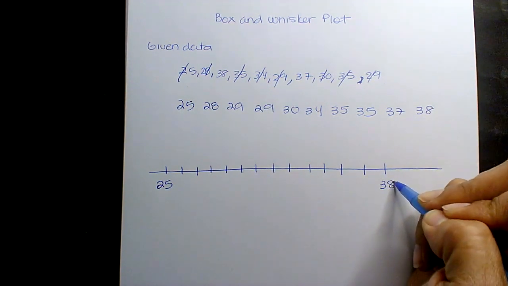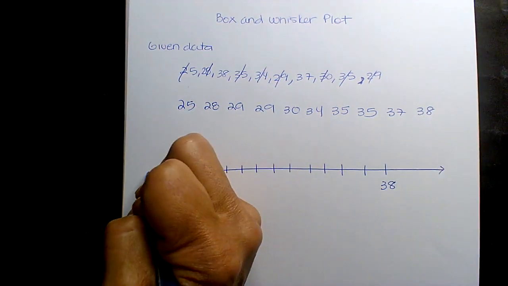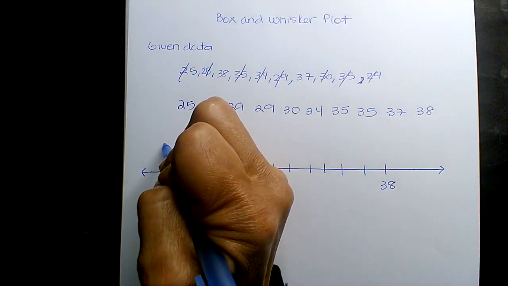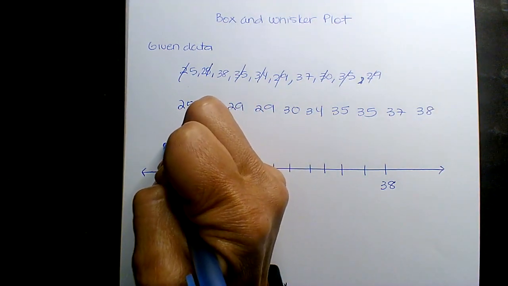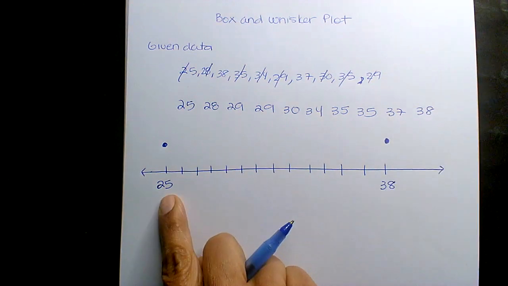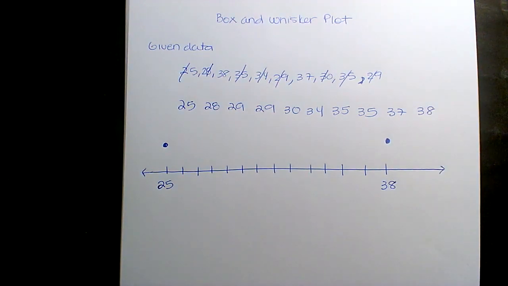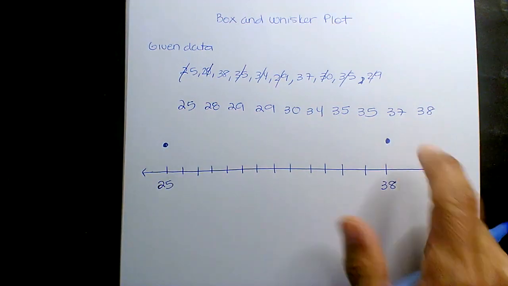Okay, so I believe I counted correctly, 25 to 38. You're going to have an end dot to show your low and your high. So that's our range, 25 to 38.